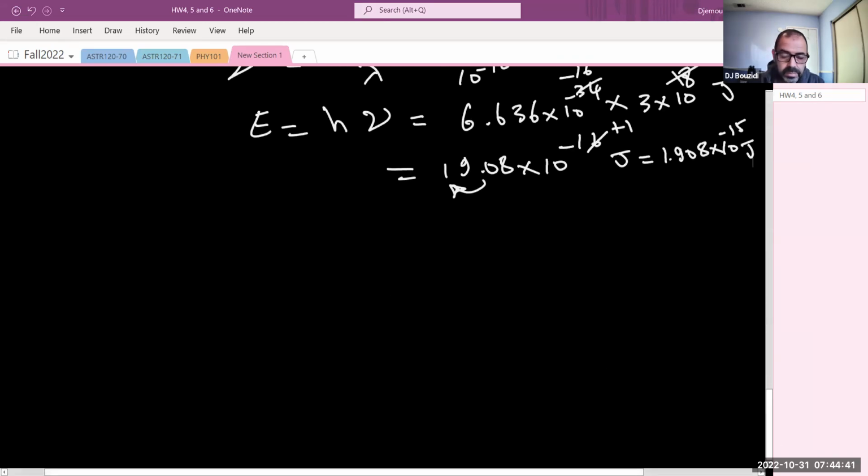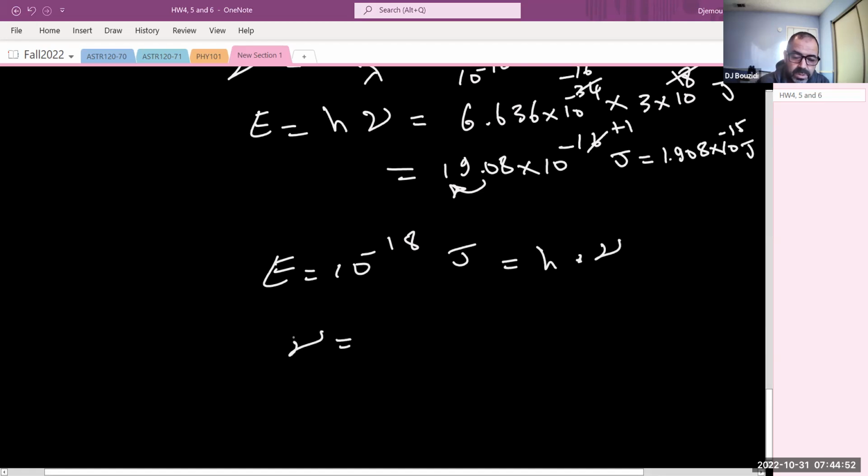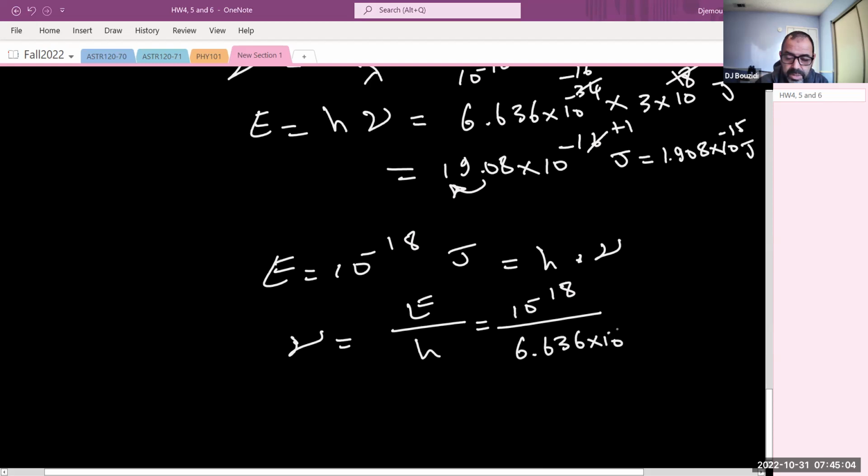So again, the energy is given to be 10 to the negative 18 joules. And remember, the energy is h times the frequency. From here, we can find the frequency to be simply equal to the energy divided by Planck's constant. And that gives me 10 to the negative 18 divided by Planck's constant, which is 6.36 times 10 to the negative 34.